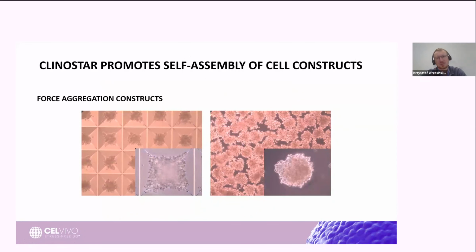You can also use different aggregation methods. Here is, for example, a picture where we show how we can use micro pattern plates to create, some people say embryoid bodies, or we say organoids or spheroids or construct seeds.